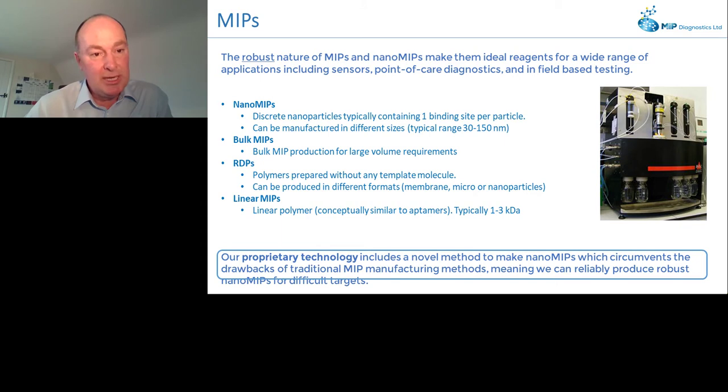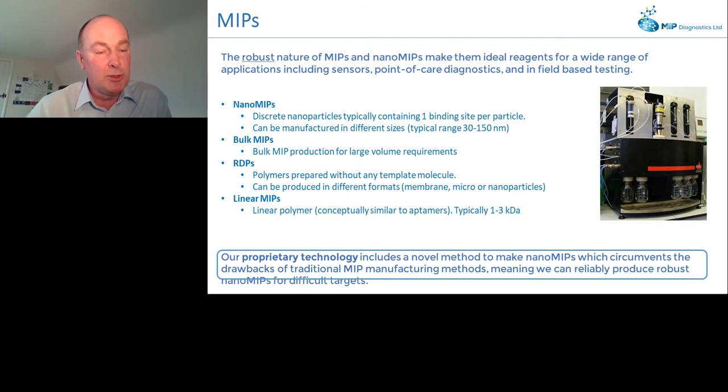And they're formed by a self-assembly of monomers, which form around a mixture of the target or template molecule, and are then polymerized in situ to form a bulk polymer with the target molecules embedded within in a kind of honeycomb style.